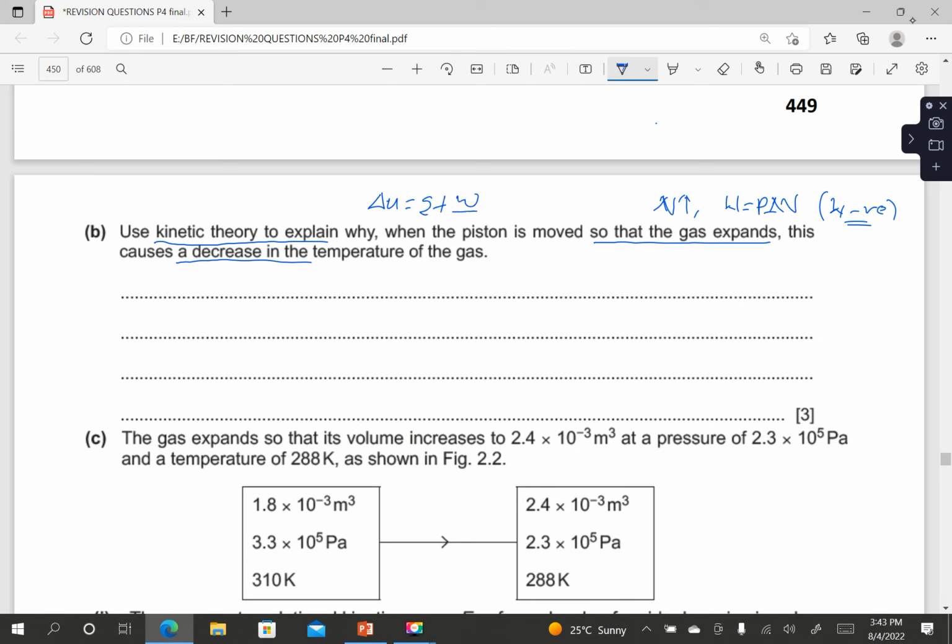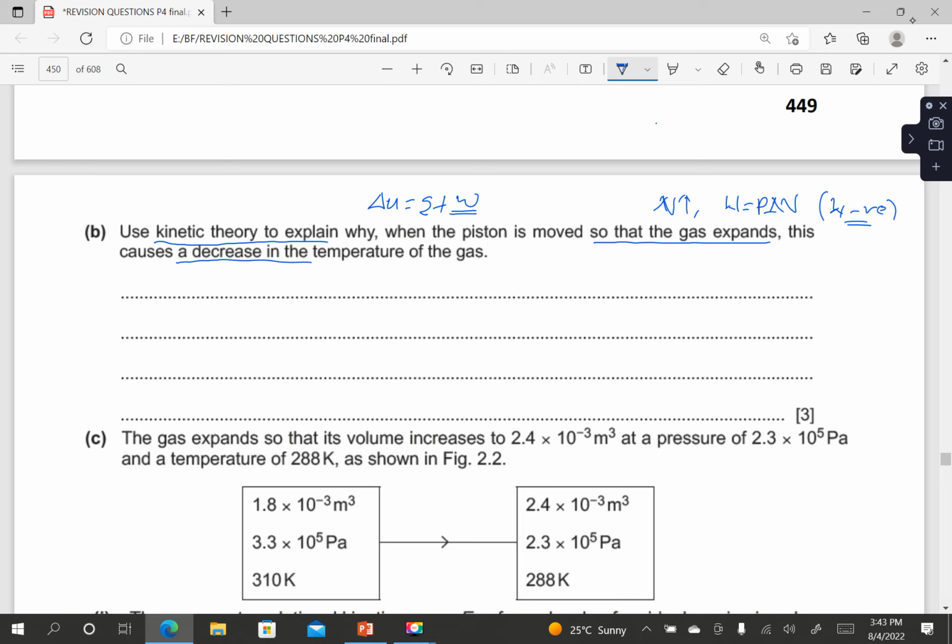The gas expands, so the work done is negative. If the heat supplied is constant, this becomes Q minus W, which is reducing.